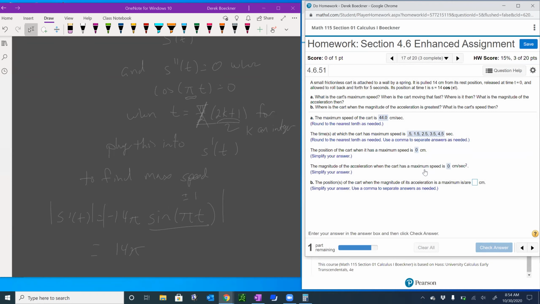And the position of the cart when the magnitude of its acceleration is maximum, that should be at the very ends. Yeah, so at 14 and minus 14.